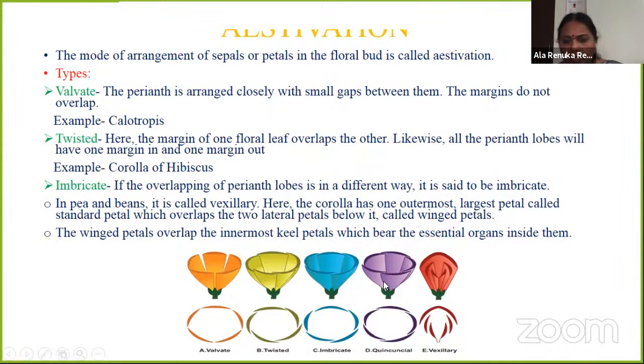And this is vexillary. Apart from this, there is quincuncial, though it is not there here, where the overlapping is in a different way, not in a definite fashion.